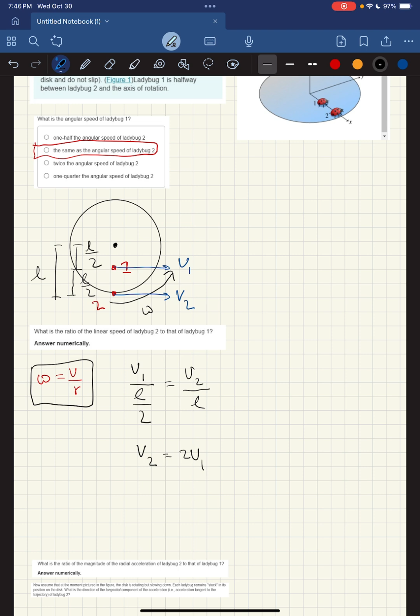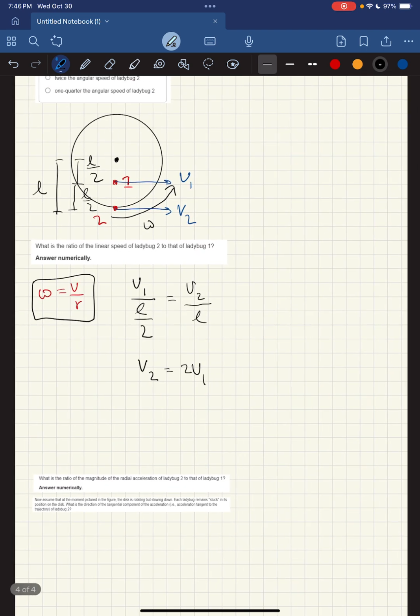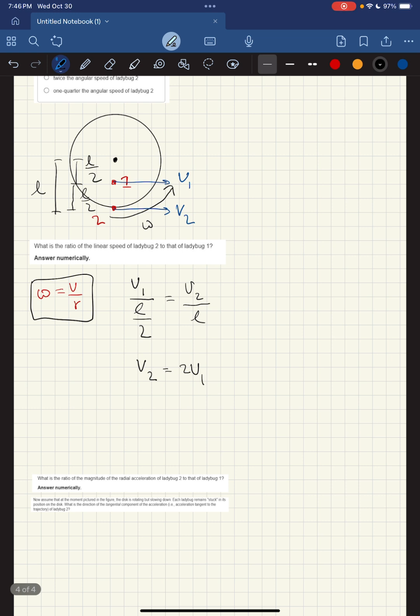So the ratio of the linear speed of ladybug 2 to that of ladybug 1 would just be 2.